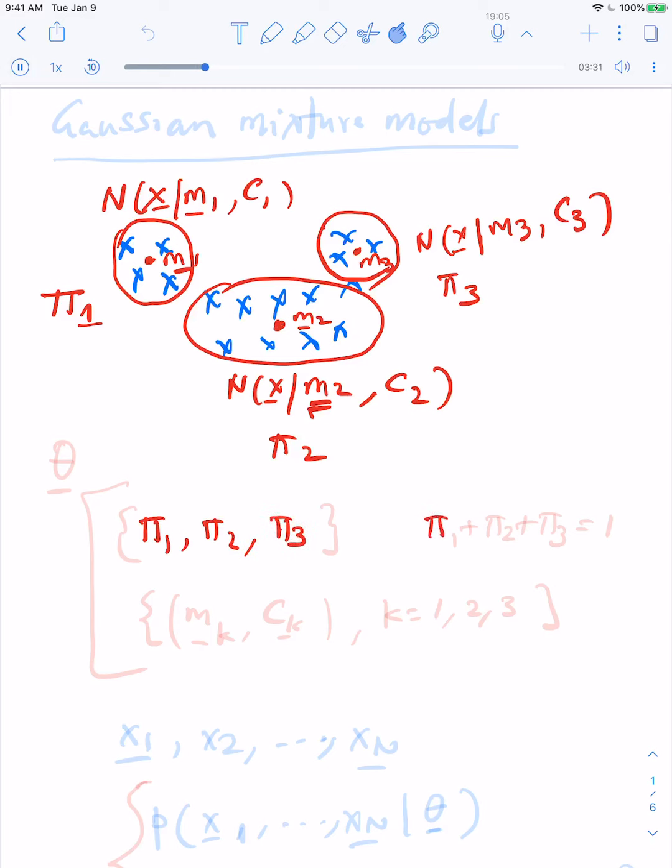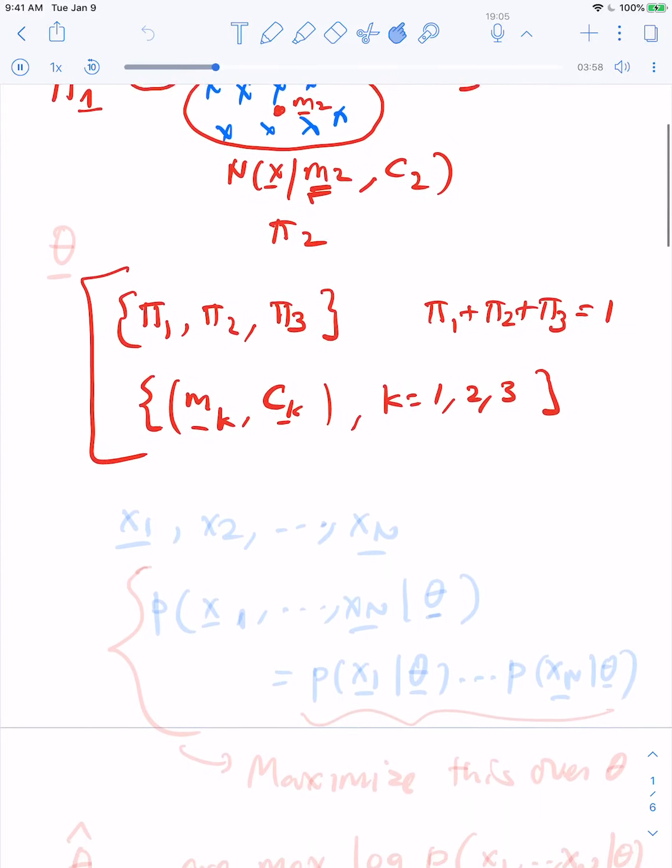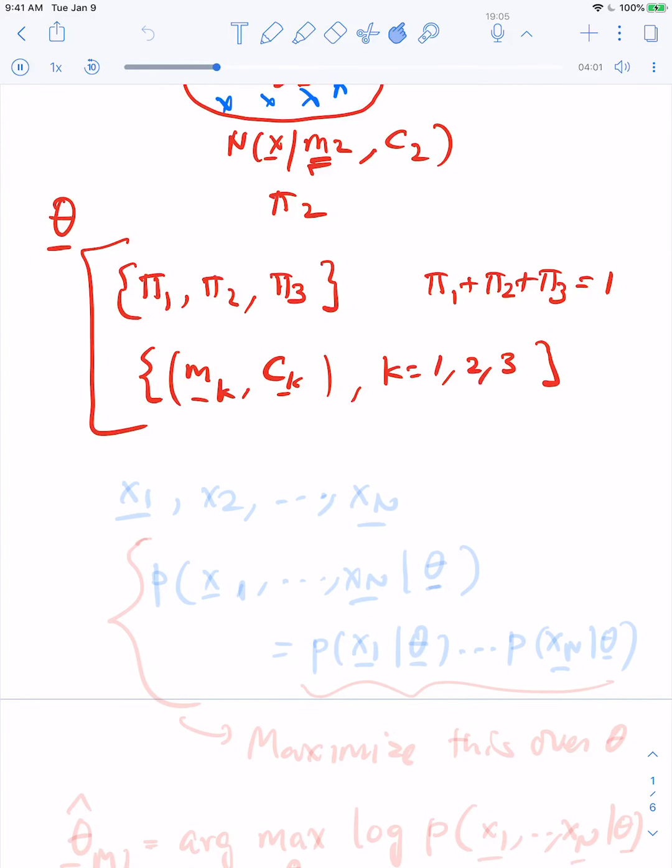Of course, these have to add up to 1, so I really am specifying only two parameters, and of course all the means and covariances, M_k and C_k, for the three components. So this is the vector parameter that I want to estimate.